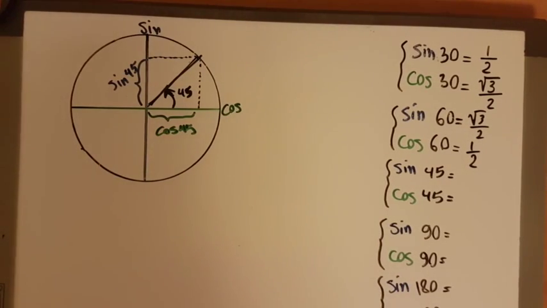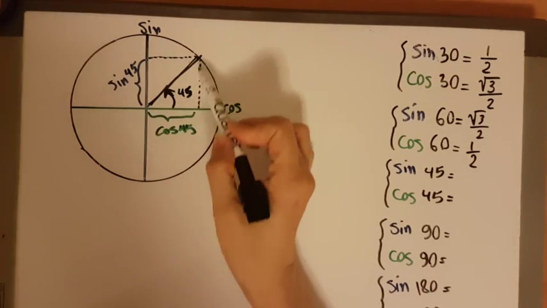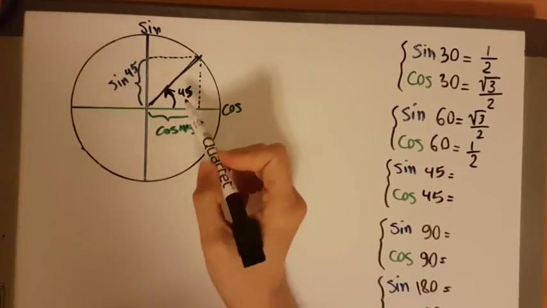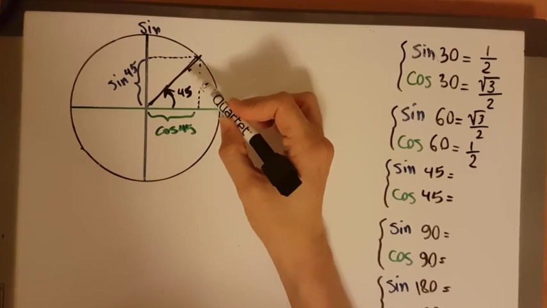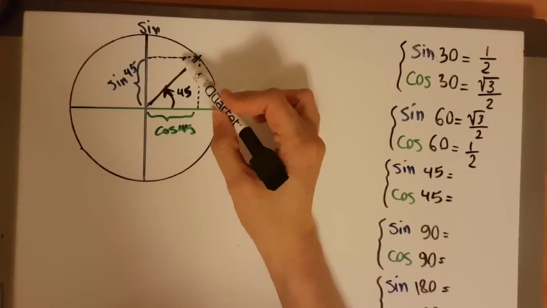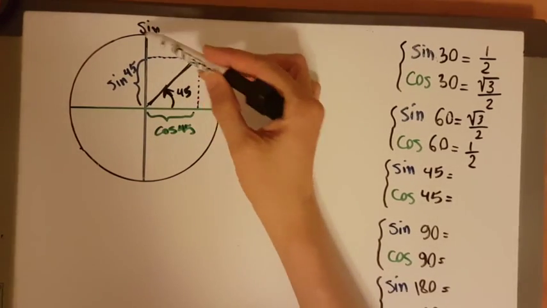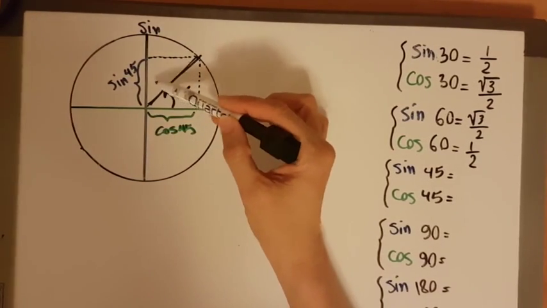As you can see clearly here, these two triangles are equal. They are equal because if this is 45, this is also 45, this is also 45, this is also 45. The reason is that this whole thing is 90, so half of this is 45.